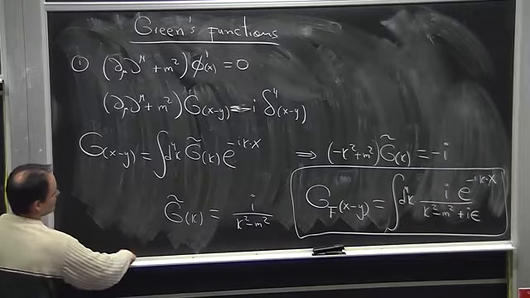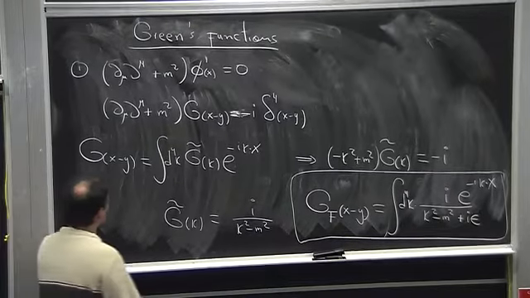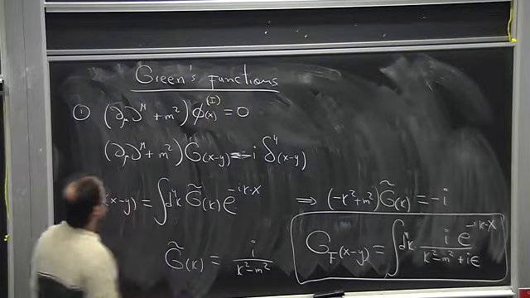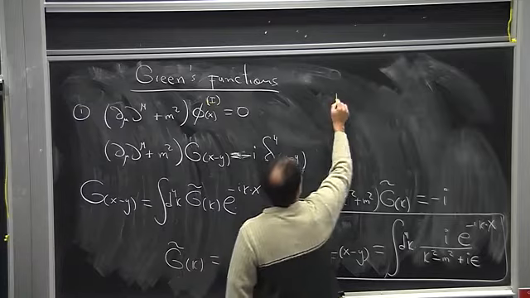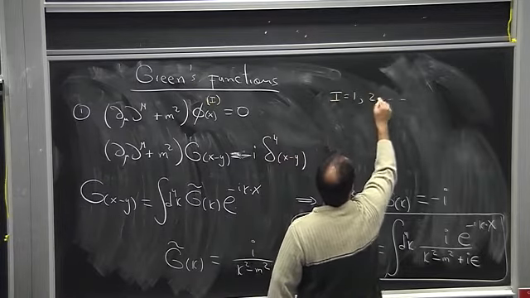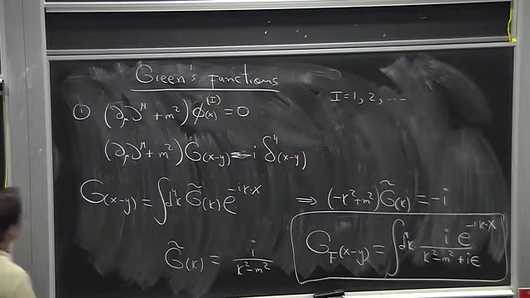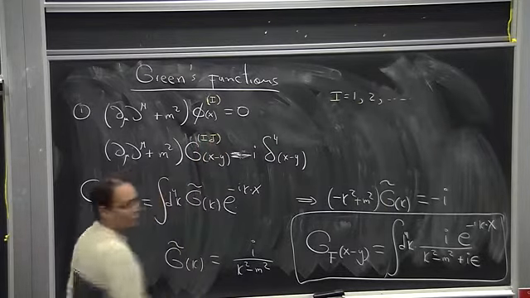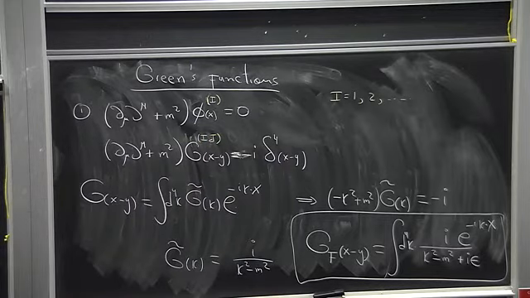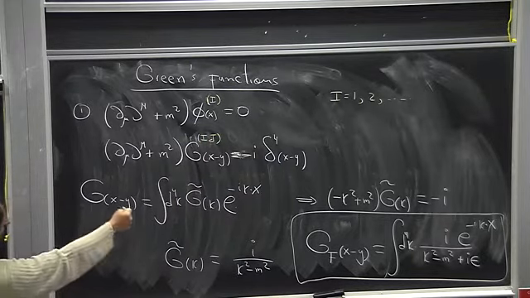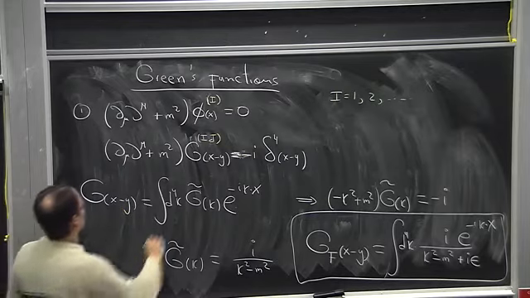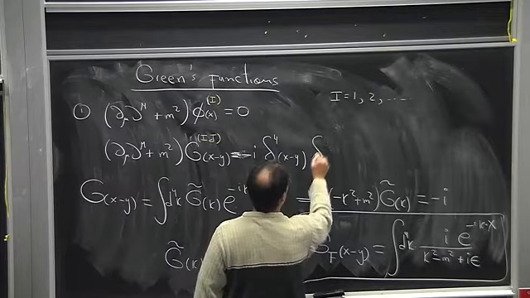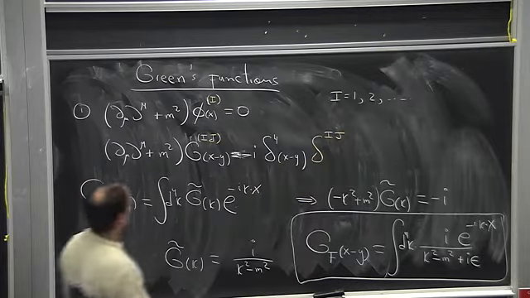Now what happens if we have several scalar fields? Say that we have several scalar fields, right? Many species of scalar fields. Then our Green's function should actually depend on what particle we create at one point and what particle we annihilate at the other point. Of course, in the case of the scalar field, this is trivial. We just put a delta ij. Okay?